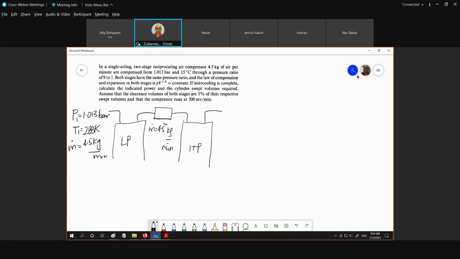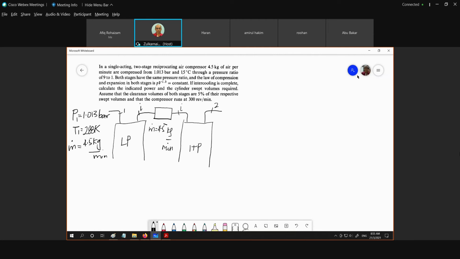Steady flow. And then dia kata pressure ratio. This compressor, right? This compressor nak kita kompreskan dia 9 to 1. Jadi 9 ni dekat mana ya? Kalau di sini adalah 1, sini adalah I, sini adalah condition I prime, sini adalah condition 2. Ya.